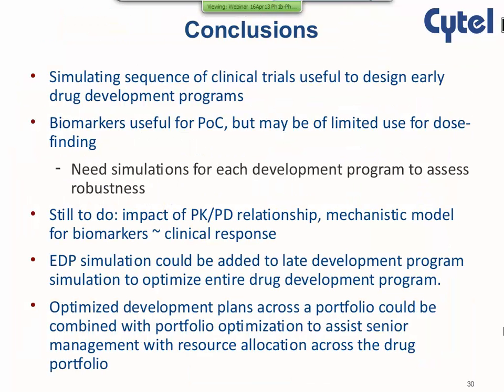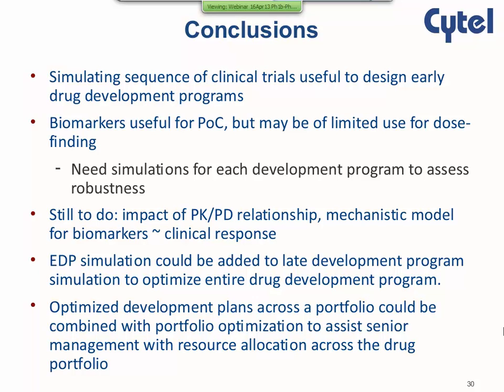In conclusion, we learned that simulating a sequence of trials is useful in the early drug development space. That was shown by the previous work in the late development space, and now it is useful again. It is useful also in the early development space.